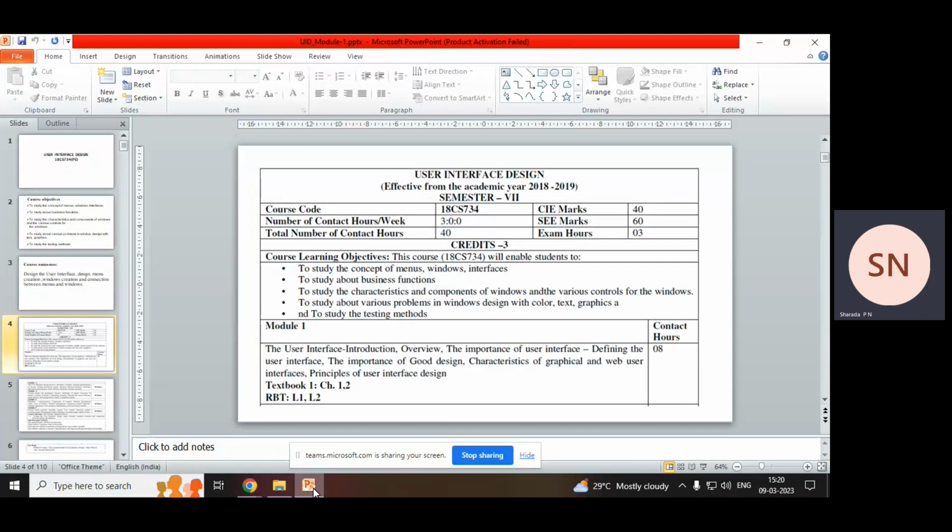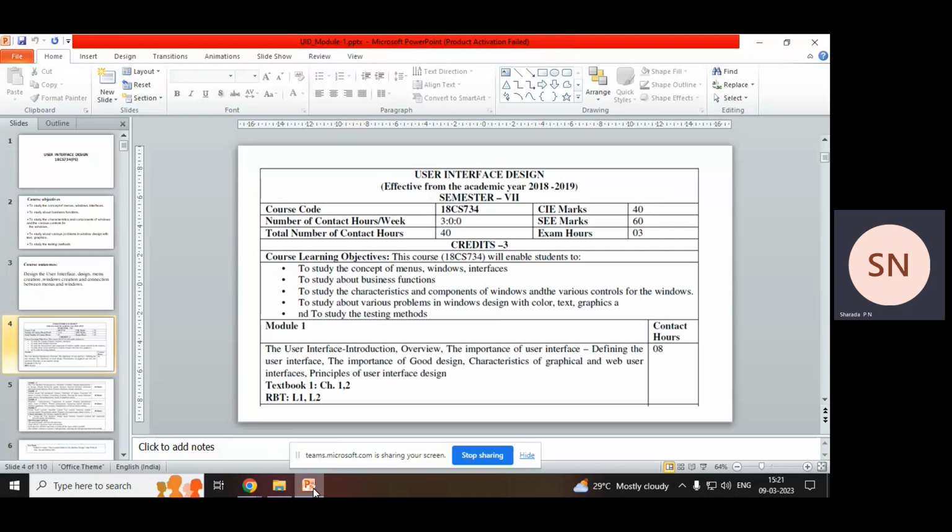Module 1 covers the user interface definition and the importance of user interface, the importance of good design, and GUI definitions, that is graphical user interface, the popularity of graphical user interfaces, the concept of direct and indirect manipulations, and the advantages of graphical user interfaces.